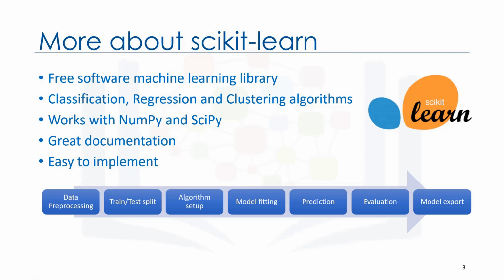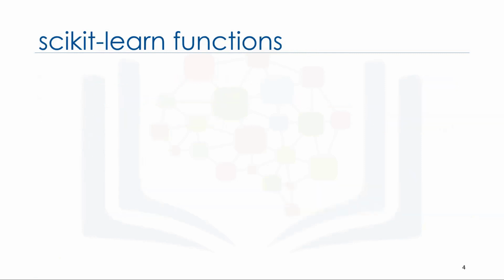Most of the tasks that need to be done in a machine learning pipeline are implemented already in Scikit-learn, including pre-processing of data, feature selection, feature extraction, train-test splitting, defining the algorithms, fitting models, tuning parameters, prediction, evaluation, and exporting the model.